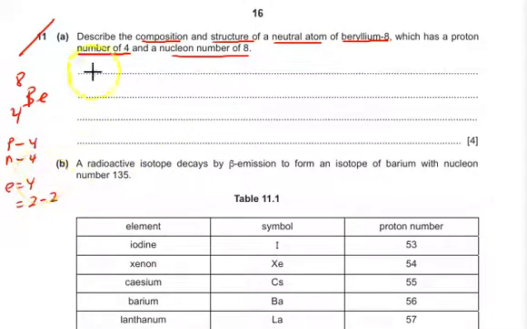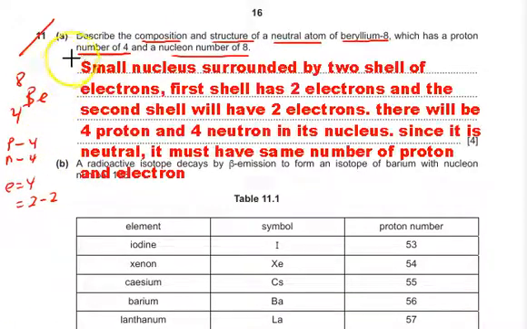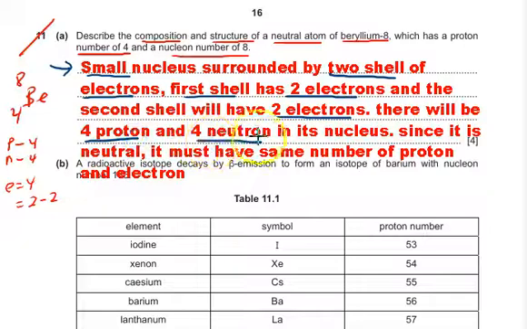Okay, so now your explanation will be like this. Okay guys, this is my suggested answer. Here you have to explain every aspect. You have to explain about the nucleus. A nucleus is surrounded by 2 shells of electrons. The first shell has 2 electrons and the second shell has 2 electrons. There will be 4 protons and 4 neutrons in its nucleus.